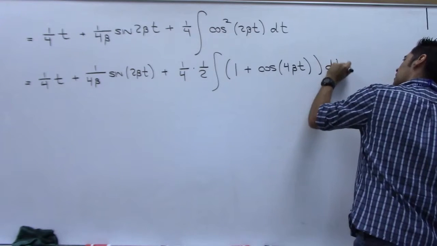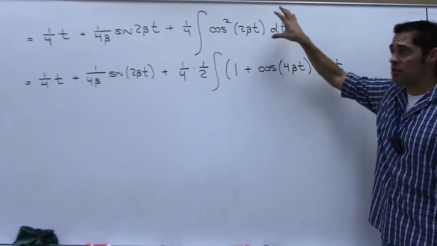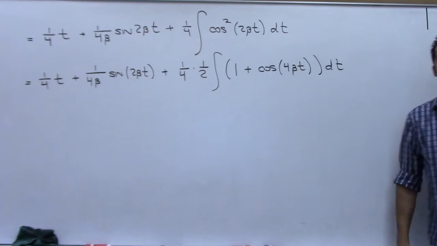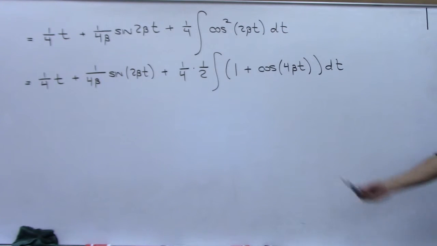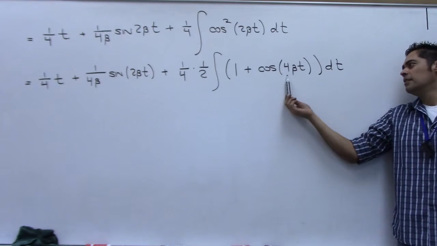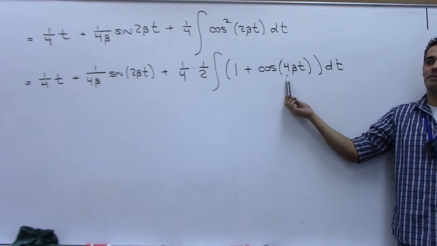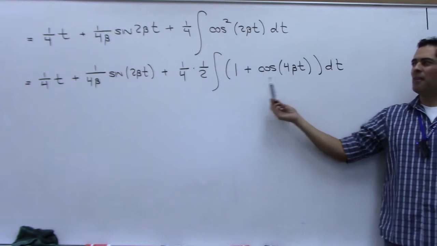And then dt. We didn't do any integration here, right? This was just a formula to go from here to here. Now can we integrate it? Yes, antiderivative of 1 is t, antiderivative of this is 1/4 beta sine of 4 beta t. Then we'll have to hit it with 1/8.